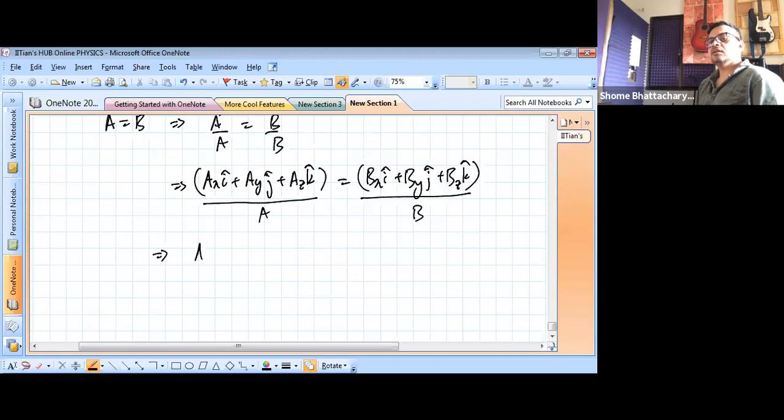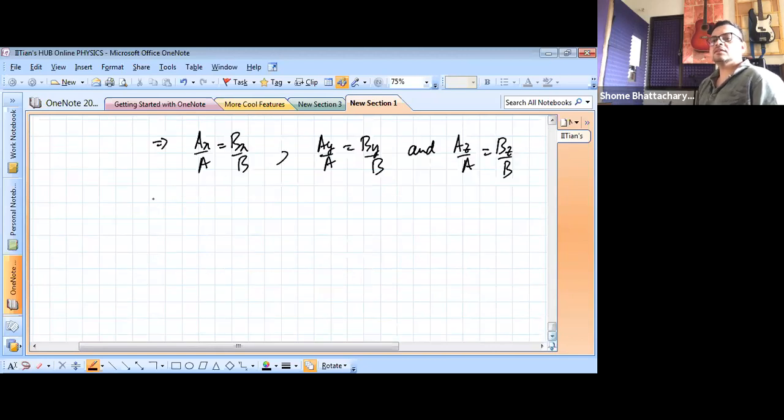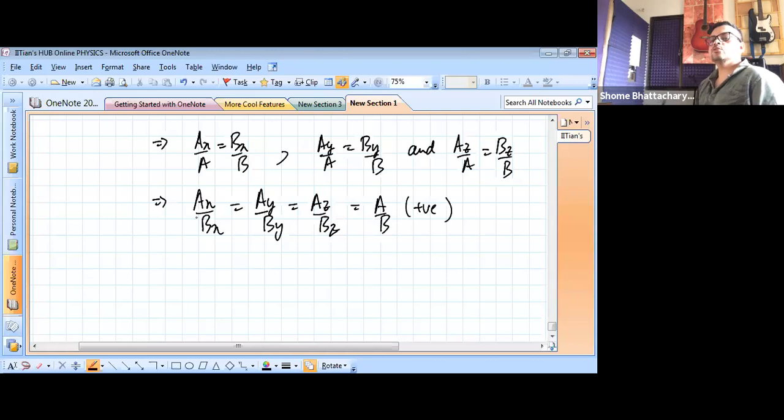So this statement means that Ax upon A is equal to Bx upon B. Along with that, Ay upon A is equal to By upon B. And finally, Az upon A is equal to Bz upon B. If you combine these three statements, it means that Ax upon Bx will be equal to Ay upon By, will be equal to Az upon Bz, which will be A upon B, a positive quantity because it is the ratio of two magnitudes.